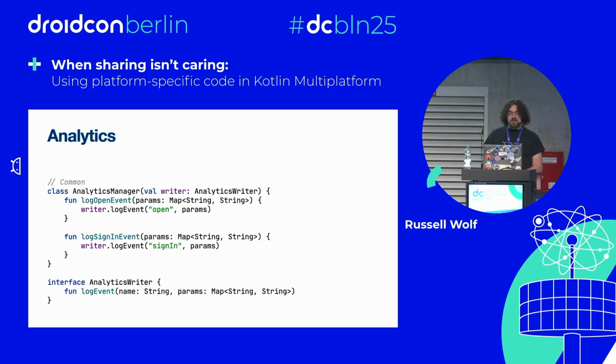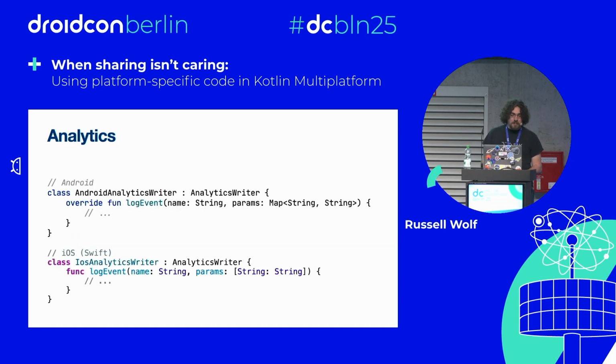And there's this analytics writer interface that will then be implemented in platform code, delegating to the platform-specific libraries that your analytics provider has. Most analytics services these days aren't yet putting out a KMP SDK, but you can still talk to their native SDKs from your native code. So you might have an Android one written in Kotlin and an iOS one written in Swift that are talking to whatever APIs you would have talked to if you were just doing it from a native app.